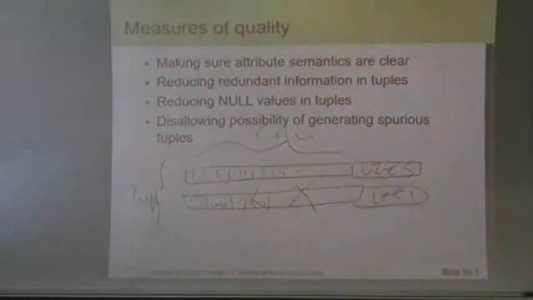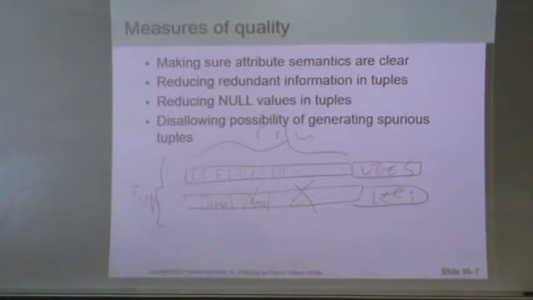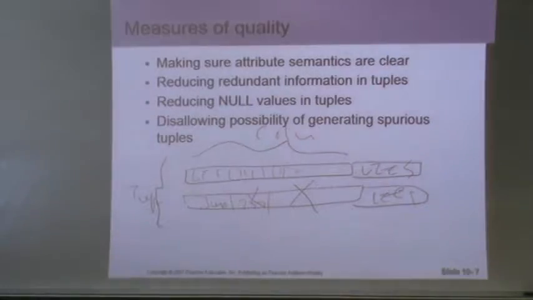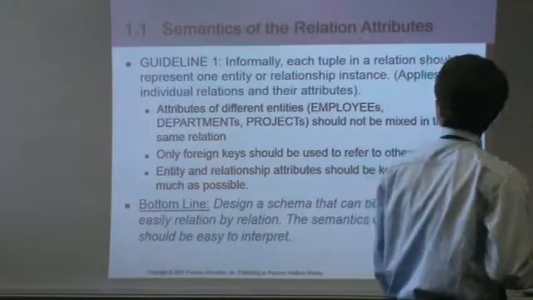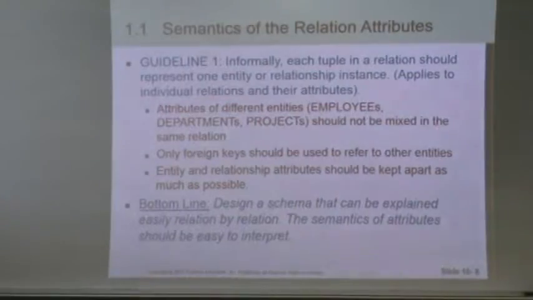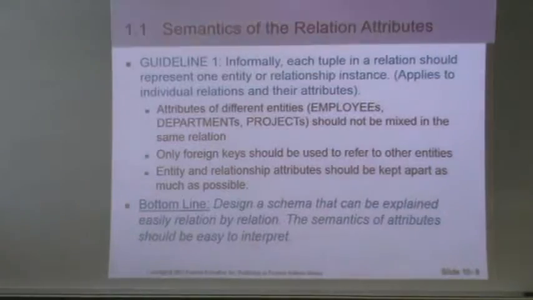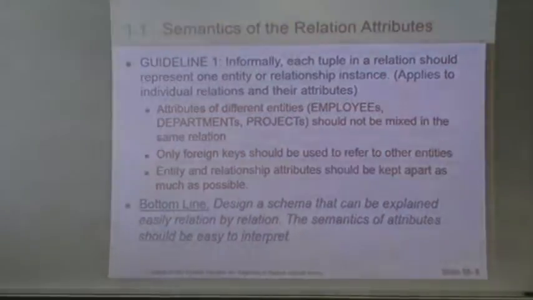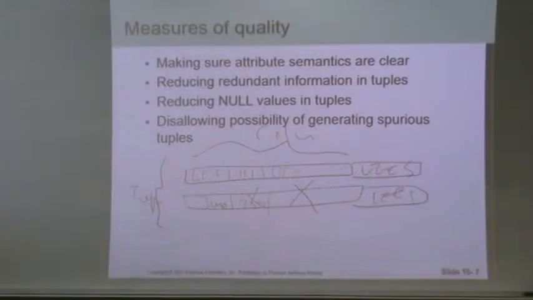Okay, that makes sense. That's what you did in your programming class. Because of simplicity, you actually did your database design that way. So it's a very simple idea. The first guideline is that each relation should have only one meaning. Otherwise, it can have redundant information and a lot of null data. That violates the quality measurement, so it's not a good database design.